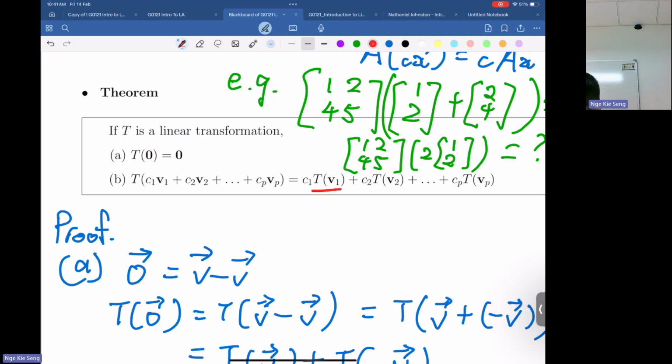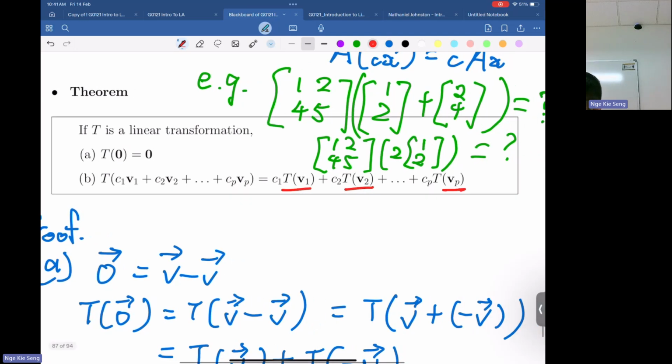As long as we know how T acts on these Vi, we will know how T acts on their linear combination. How? By this equal sign here. Any question?